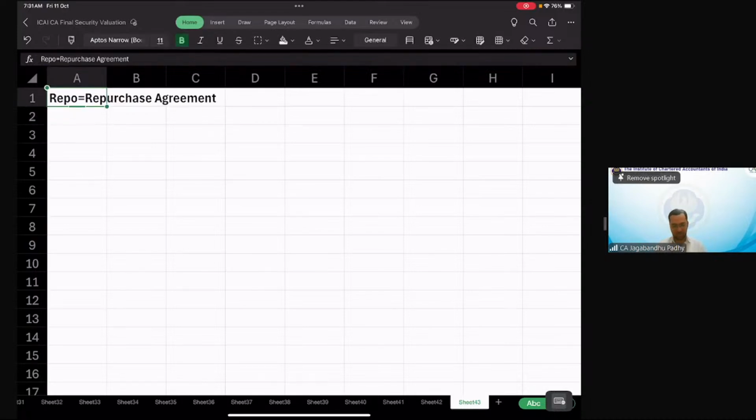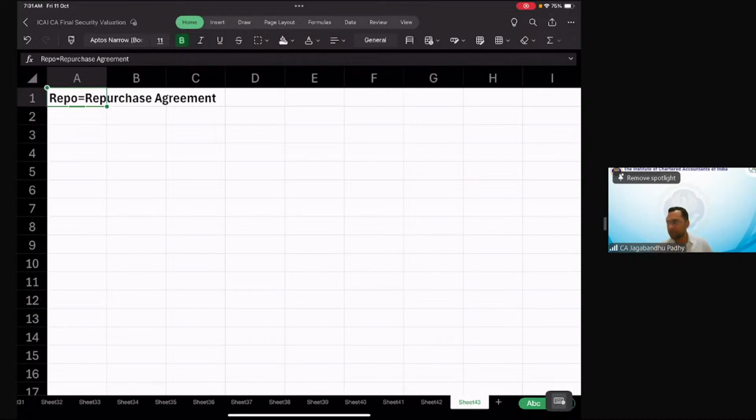Who issues this repurchase agreement, guys? Repo is really linked with which institution? RBI. Yes, RBI is using the repurchase transaction instrument.